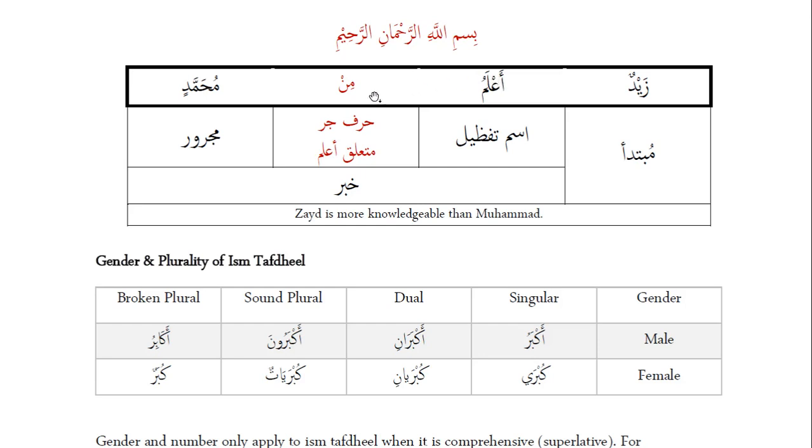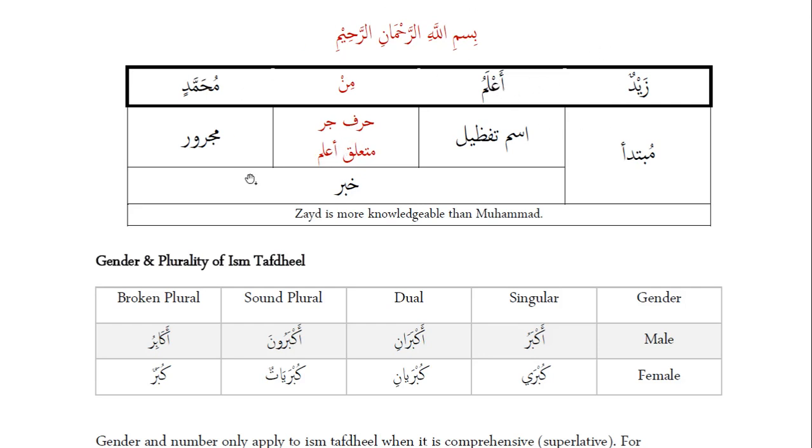So in this case, when it comes to the harfu jar min, usually harfu jars have to go back to a verb. They always have to be attached to something. And when a verb isn't written, it goes back to the implicit verb thabitun. But in this case, since we have a'lamu, which is a derived noun that comes from a verb, it can take on that quality. So we can say that min is actually muta'alliq to a'lamu.